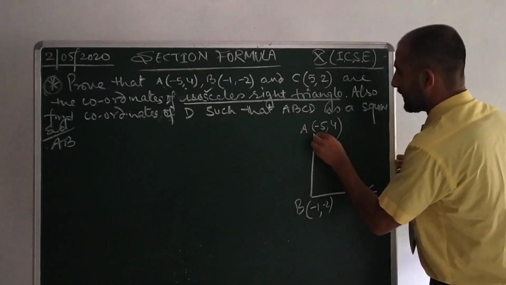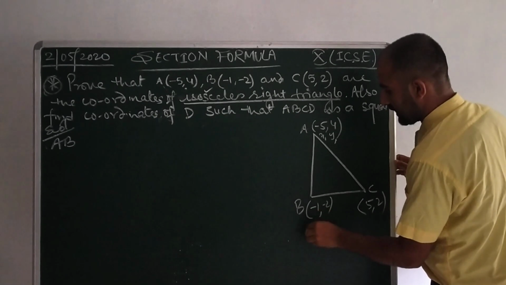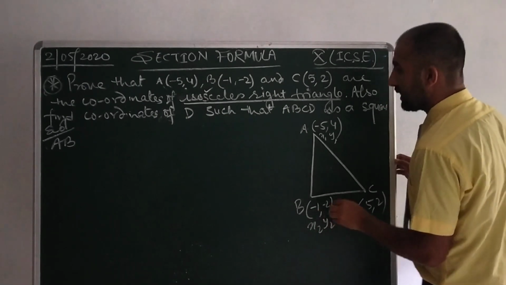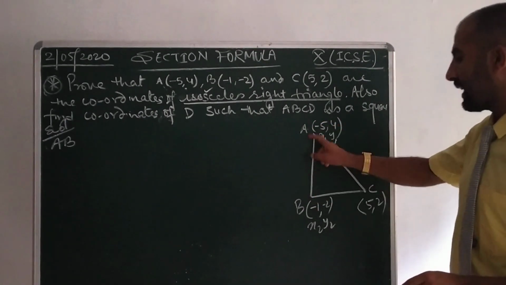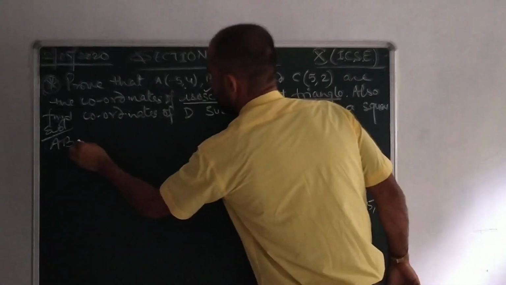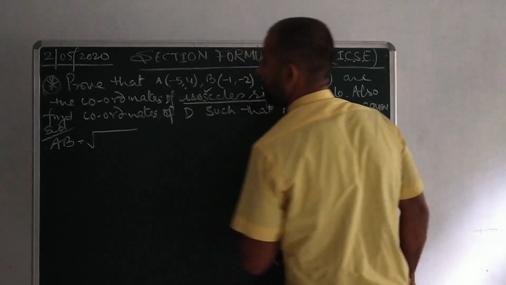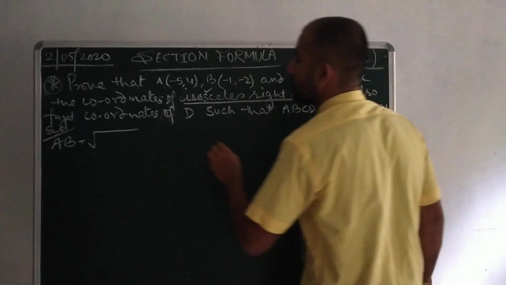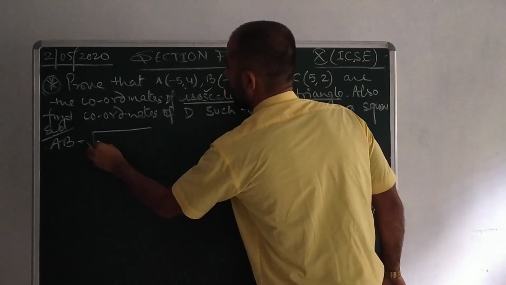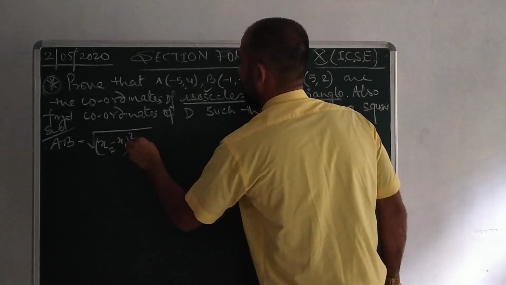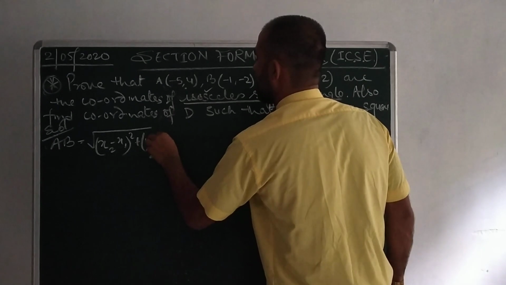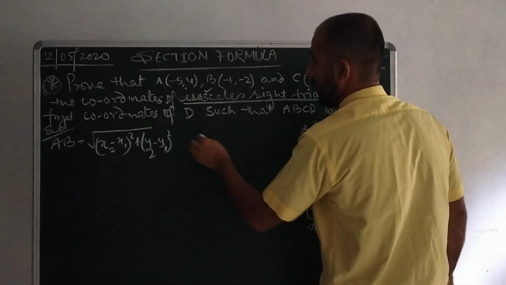I'll consider this as x1, y1, this as x2, y2, and I already gave you the distance formula. The distance between A and B is root over (x2 minus x1) whole square plus (y2 minus y1) whole square.